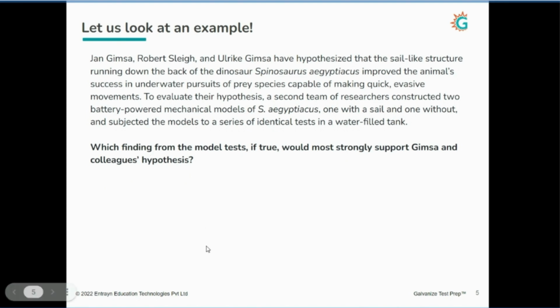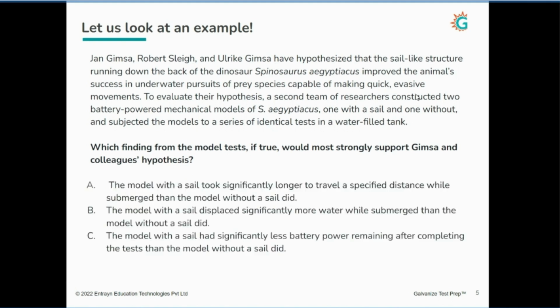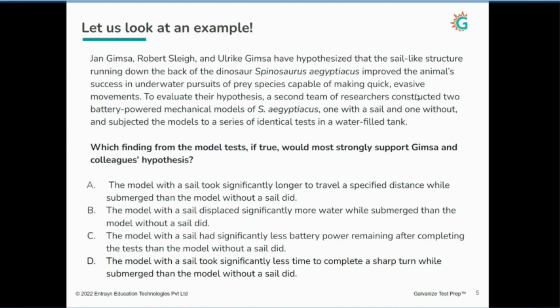So the outcome that you choose must support the idea that this particular feature in the animal, the sail like structure, helps them make quick evasive movements. Now let's look at the options and you tell me which would be the correct finding here.